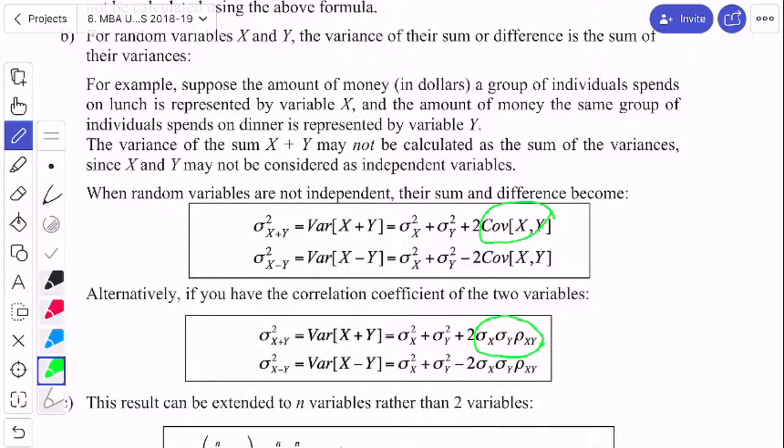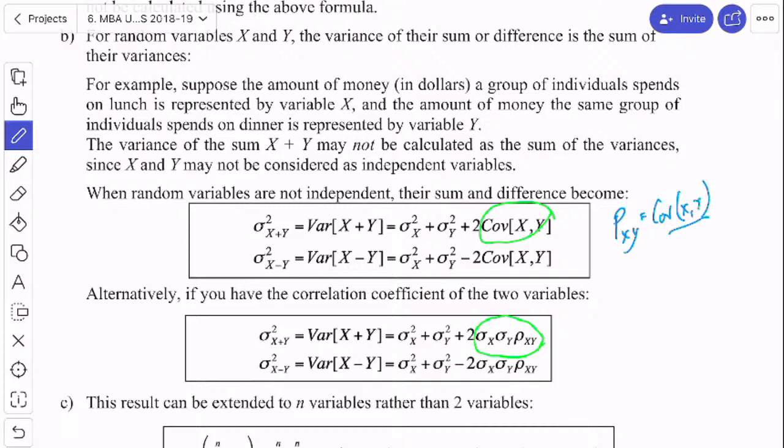And here it turns out, remembering what the correlation is, the correlation is the standardized covariance. So I could write it like that, or if I have the correlation, I could also write covariance as that.